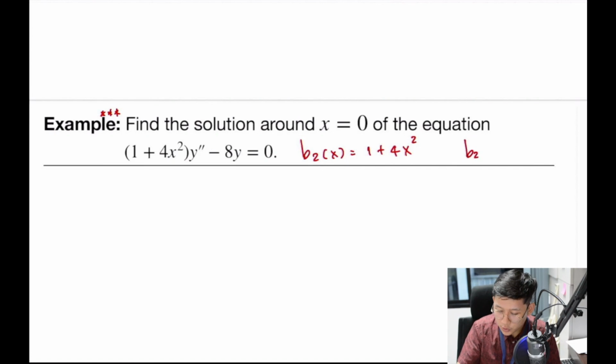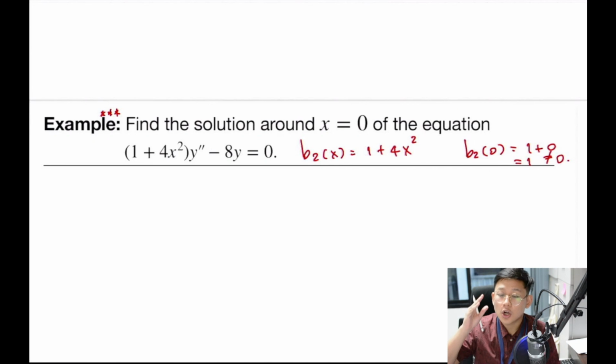So b2(0) is going to be 1 plus 0, which is 1. And it's not 0, which means that x equals 0 is an ordinary point. And then you can assume that y is the summation from n equals 0 to infinity of a_n x to the n, and then blah blah blah until you get the solution.